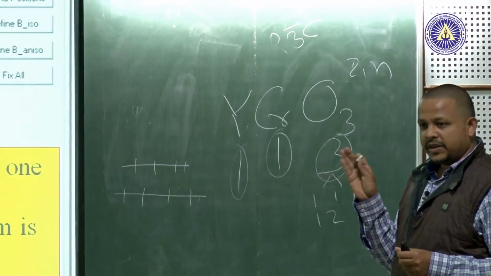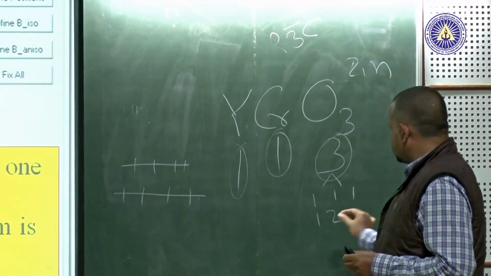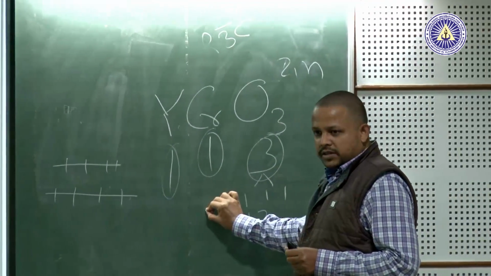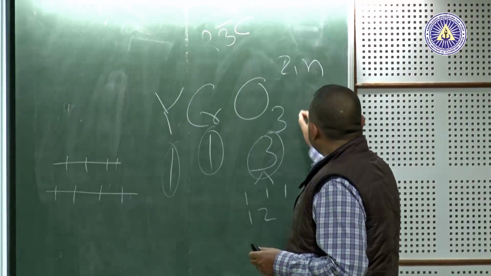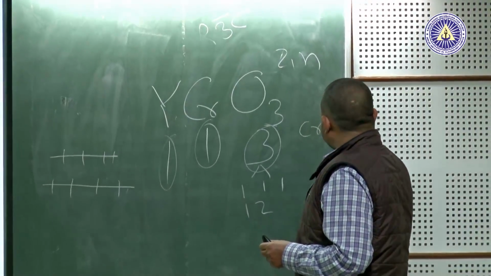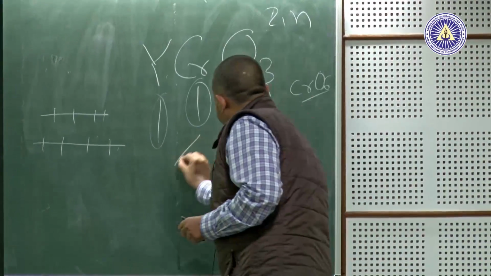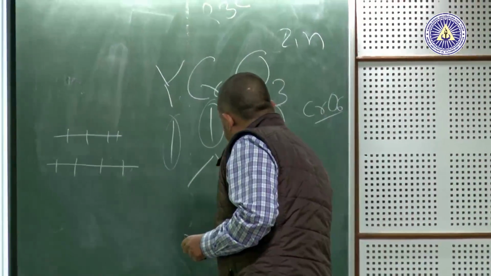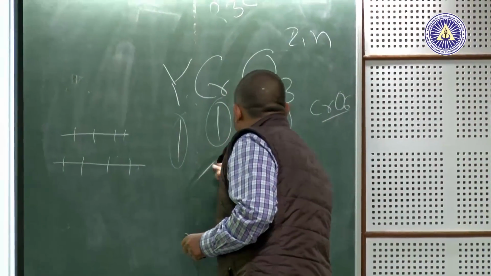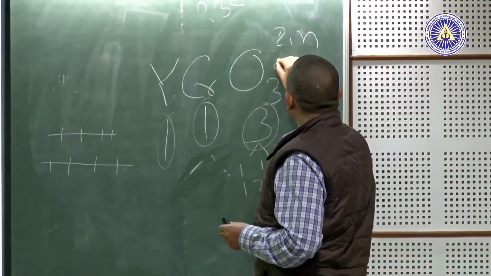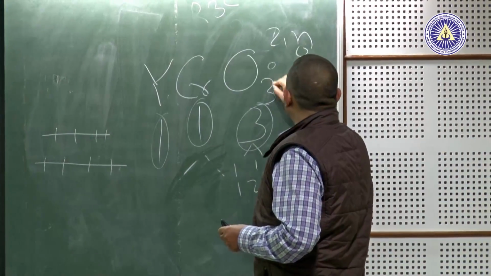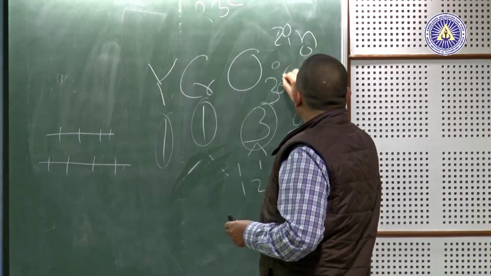From the previous literature, there are only 2 types of oxygen, and the case is CrO6, which means 4 oxygen in the plane and 2 oxygen at the apex, if chromium is here.